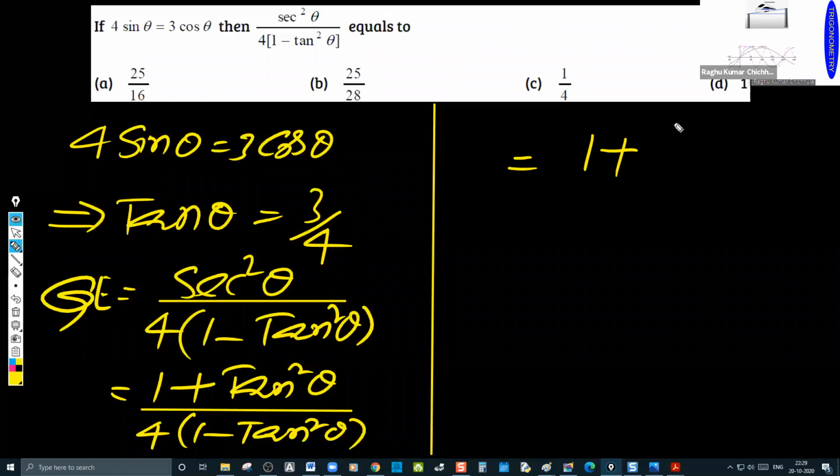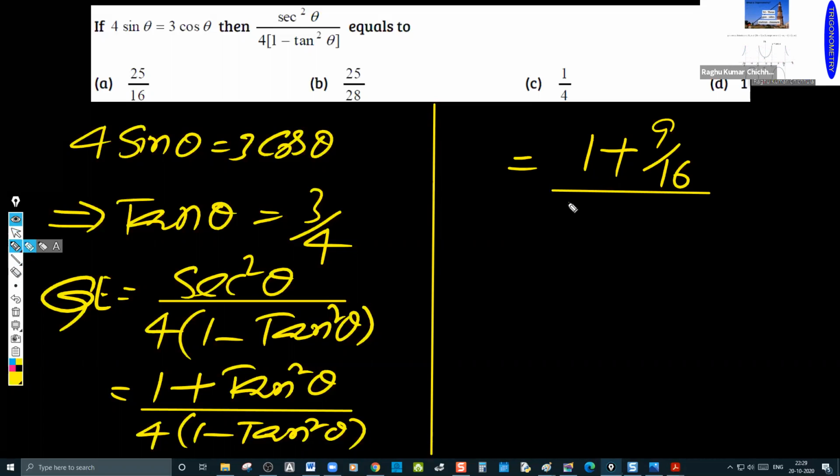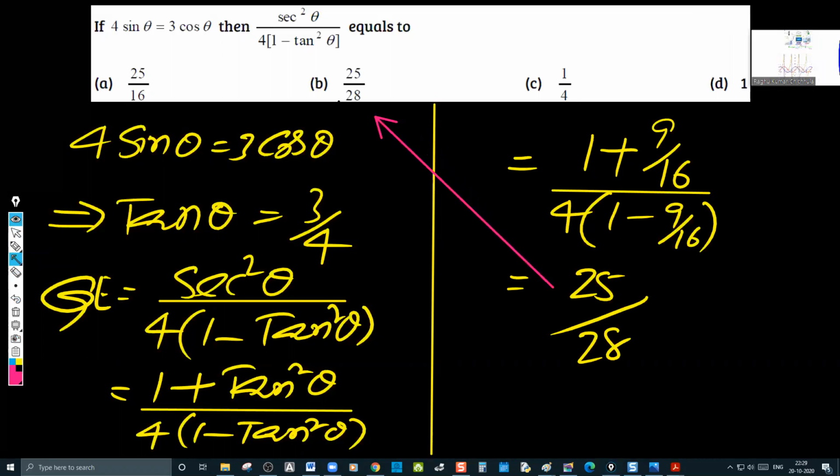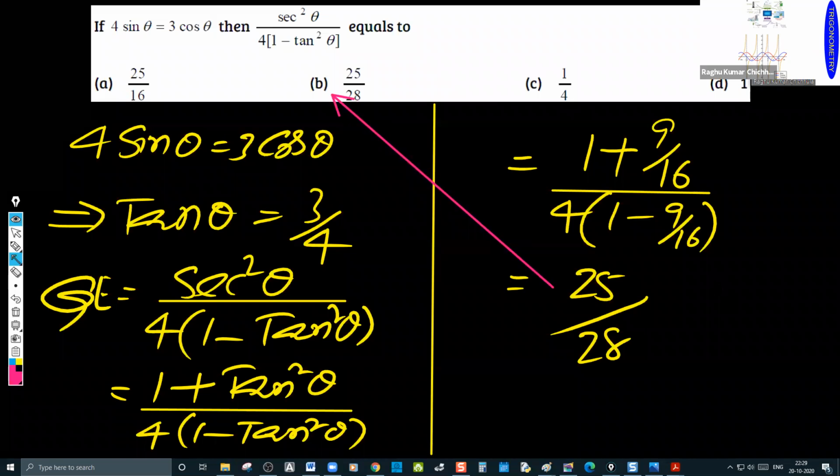Okay, that's good. Substituting the values: 25 divided by 16 minus 9, 7 into 4, 28. So your option is B. That's it, please.